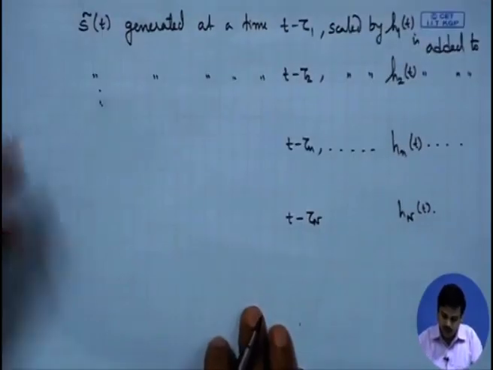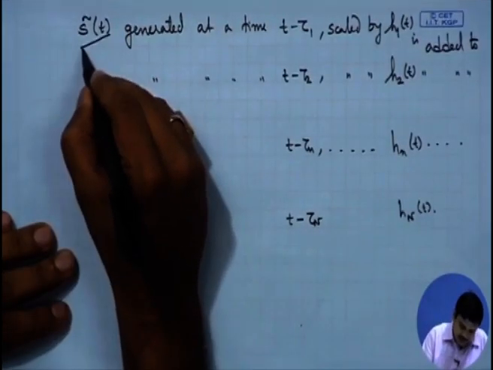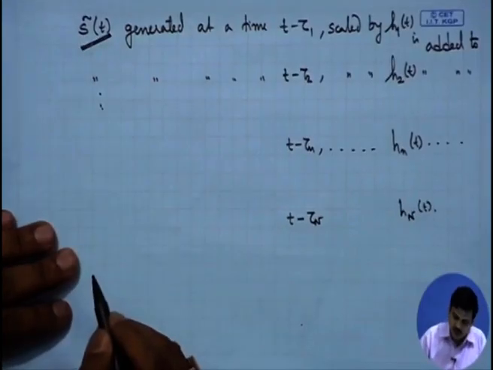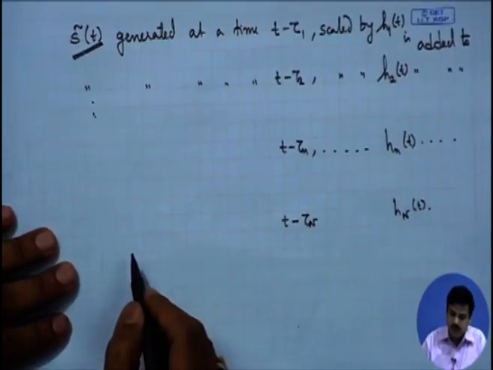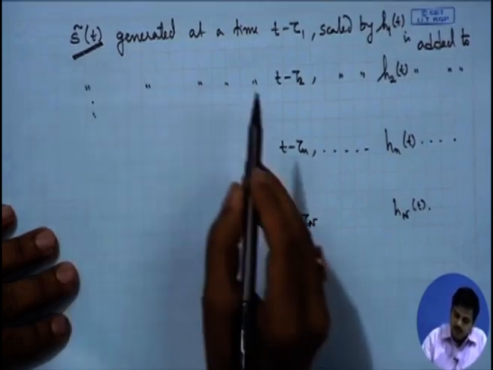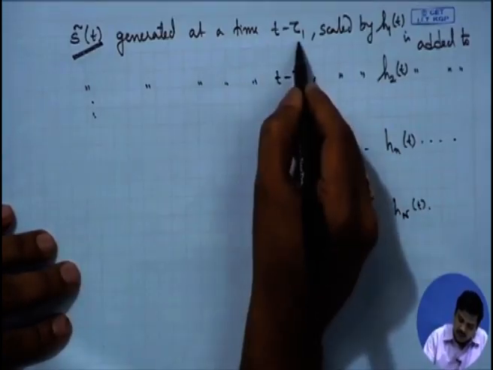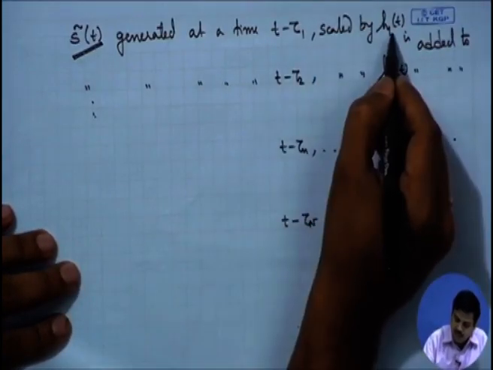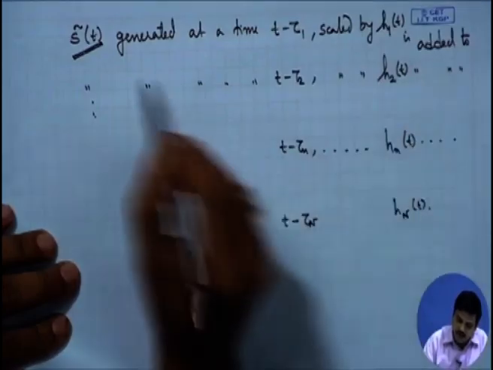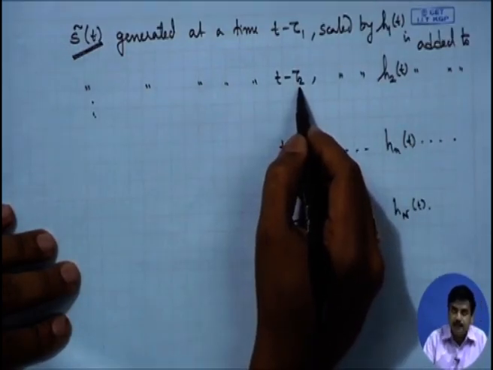So, what does it mean? It effectively means that s tilde t, which is the basic signal or the signal that is generated, is getting added to something. So, what we have is some signal generated at some earlier time, scaled, getting added to the same source, but generated at a different time.